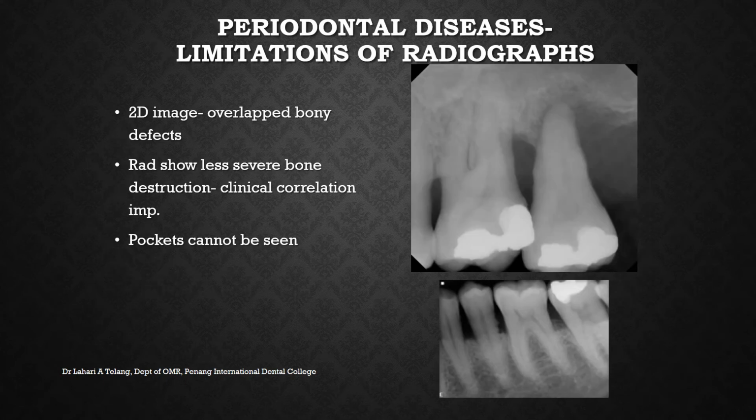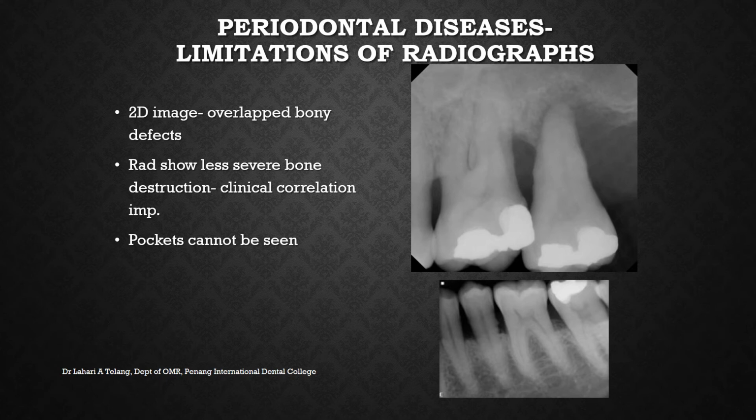In case of periodontal diseases, there are certain limitations of radiographs. We must understand that radiographs, plain radiography especially, is a two-dimensional image. So there are a lot of overlapped bony defects which could give you an appearance that the radiograph is actually showing less severe bone destruction. So clinical correlation is very important.